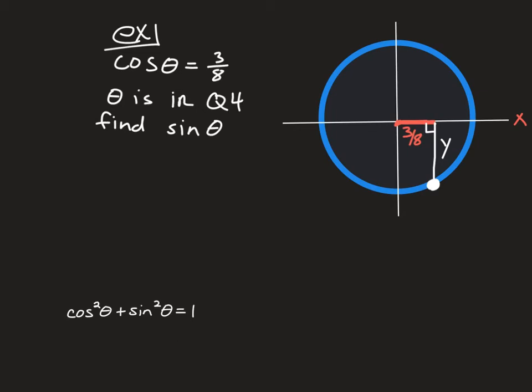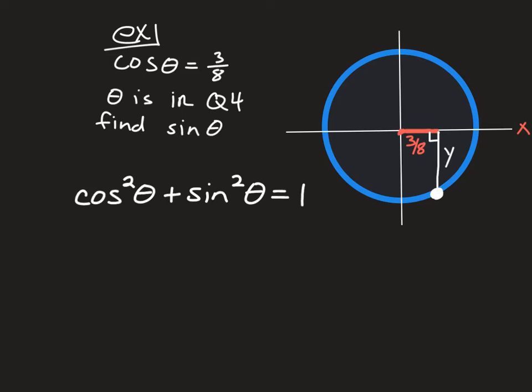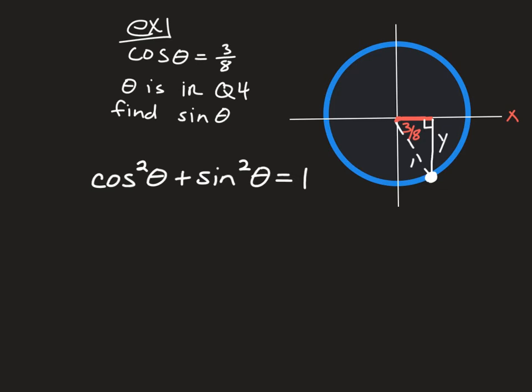So now I'm going to use the Pythagorean identity, which is essentially just the Pythagorean theorem. So if I kind of make my triangle here with a hypotenuse of 1, I'm essentially just using the Pythagorean theorem. So this says that cosine squared of theta is where I start, and my cosine of theta is 3 over 8.